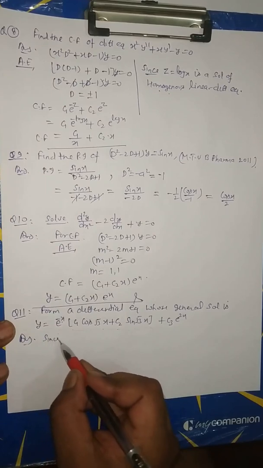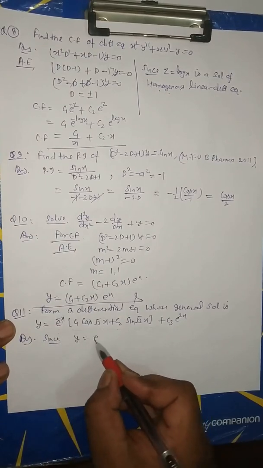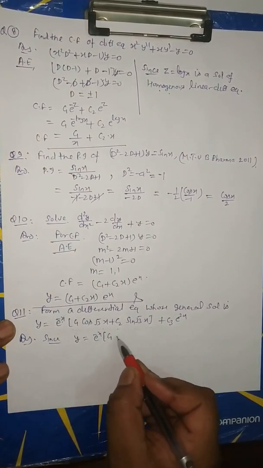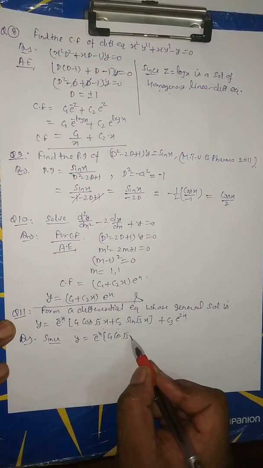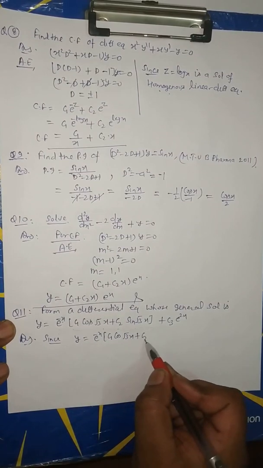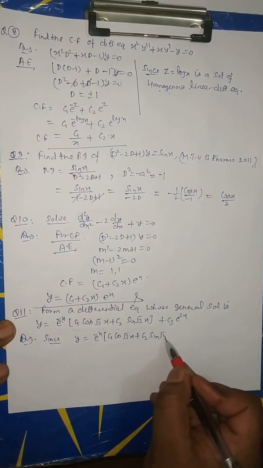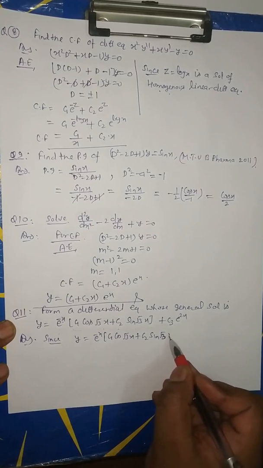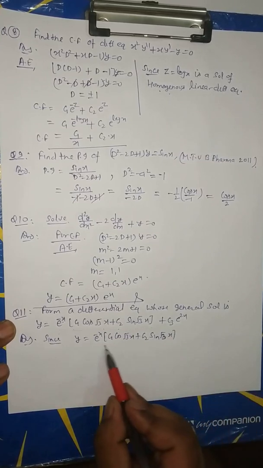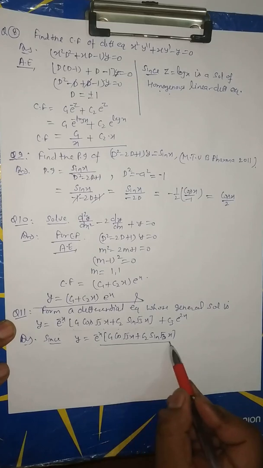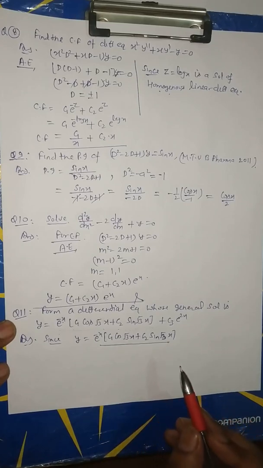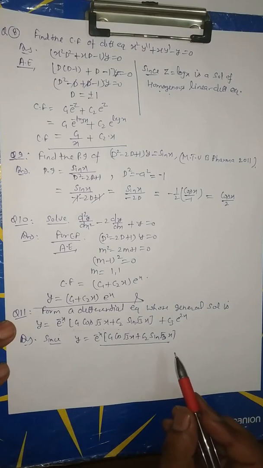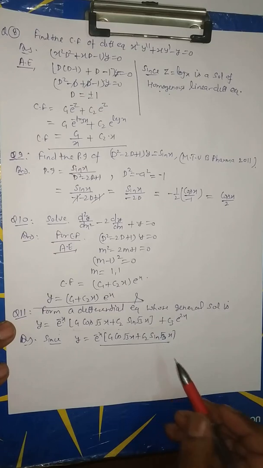Since y is equal to e to the power minus x (c1 cos root 3 x plus c2 sin root 3 x), this is the CF part, written due to the complex roots whose value is minus 1 plus minus root 3 i.